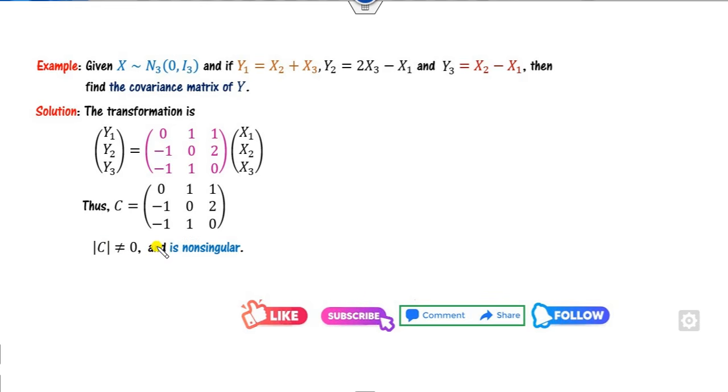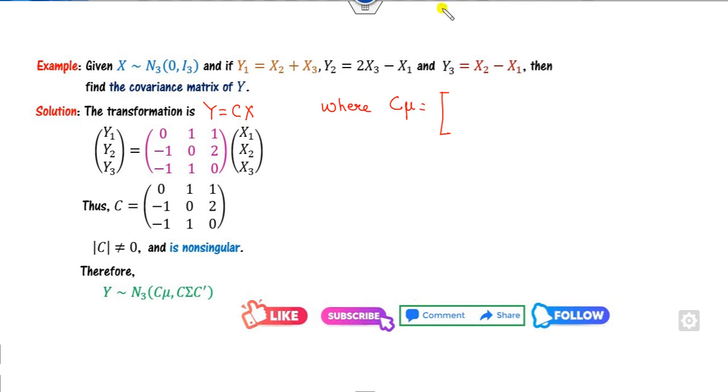Now since c is non-singular, the transformation y equals cx follows a normal distribution. Y, basically cx, follows the normal distribution where the mean is c times mu.